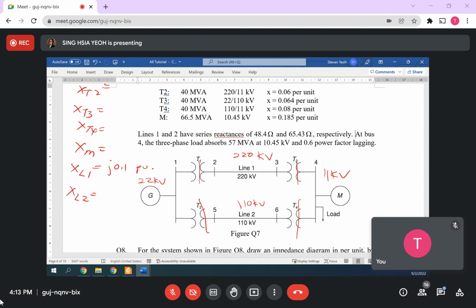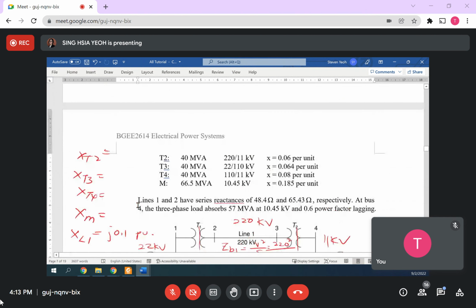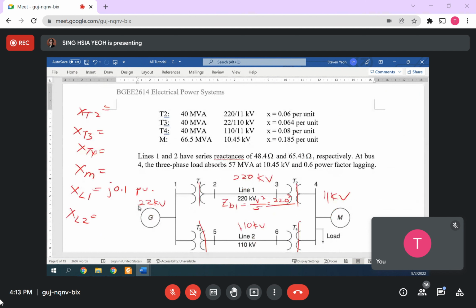Easy, right? So how do you get 0.1? For this one you need to use Z base. Z base 1 is V squared over S, which is 220 squared over S, 100 MVA, which is 484 ohm, right?